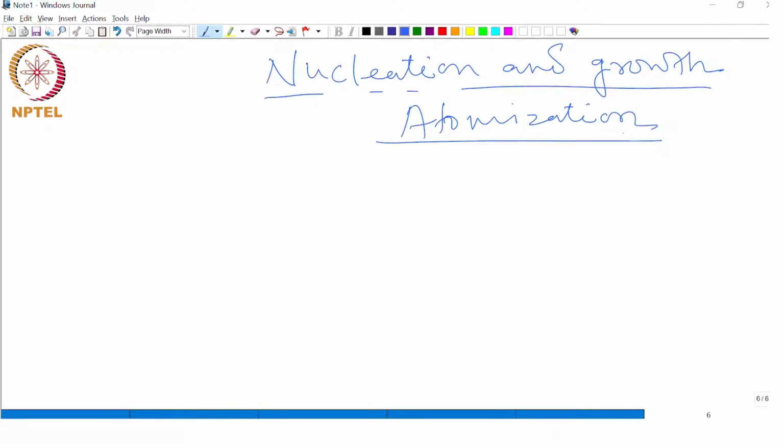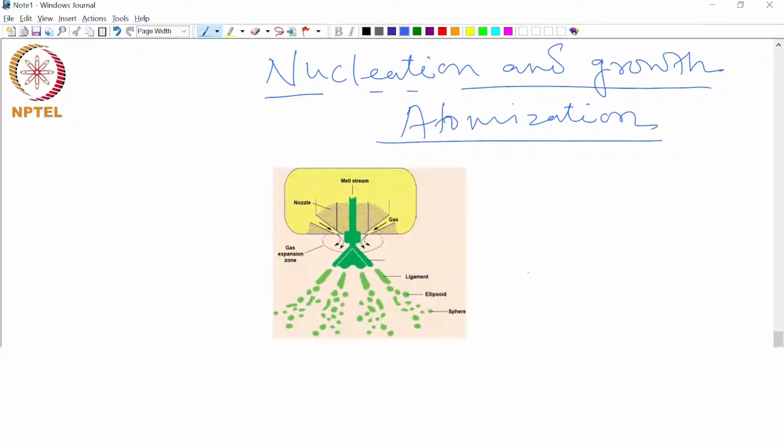Okay, so if you remember, let me quickly bring back the diagram that we had. This is what happens in an atomization process, as we have discussed before. You have a molten metal stream, which is being broken down into finer fragments by a high velocity gas jet as it expands and suddenly impacts the molten metal stream.